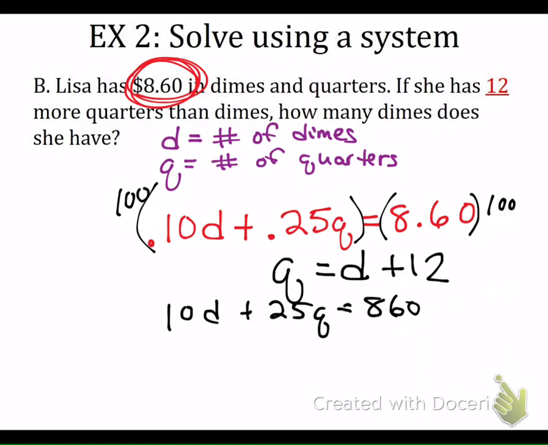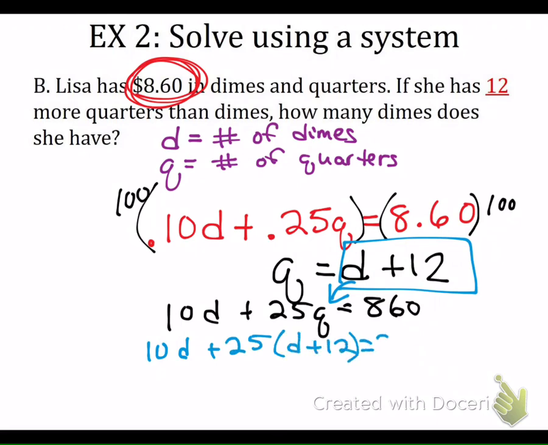So I'm going to put D plus 12 in for the Q right here. So 10D plus 25 times D plus 12 equals 860.